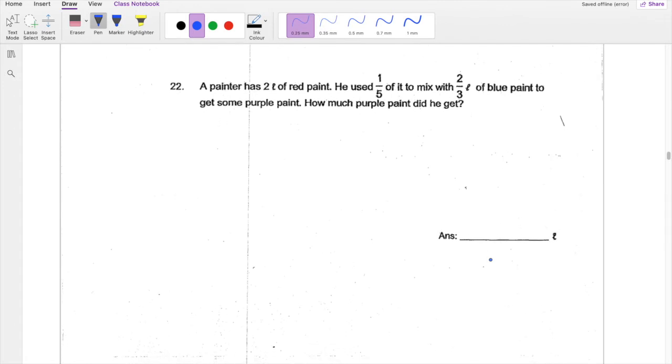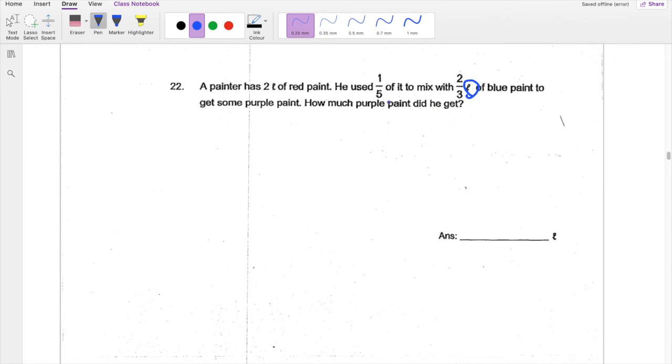22. A painter has 2 liters of red paint. He used 1/5 of it and mixed with 2/3 liter of blue paint to get some purple. How much purple paint did he get?